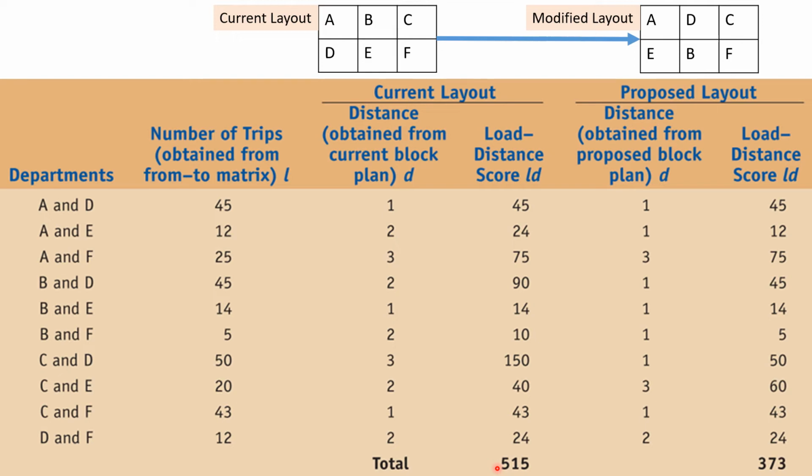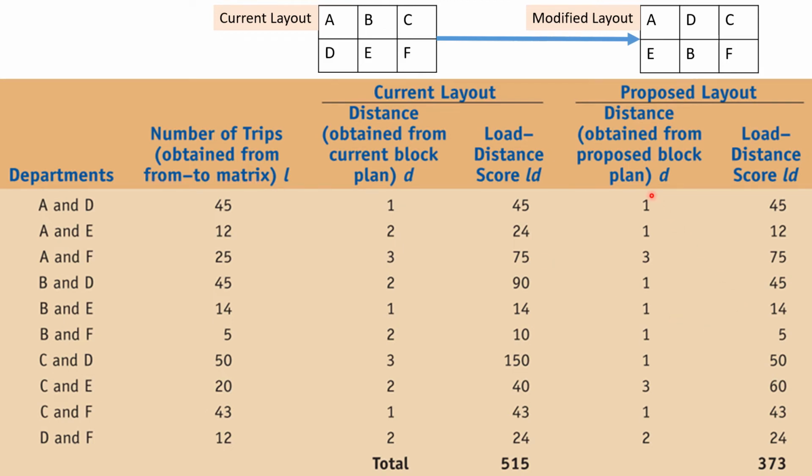And for the proposed layout, for the planned layout, this is just the distance obtained from the proposed or the modified layout. Then here are the frequencies. These are just the frequency, number of trips obtained from the from-to matrix.